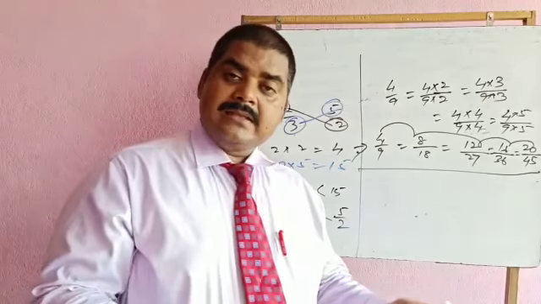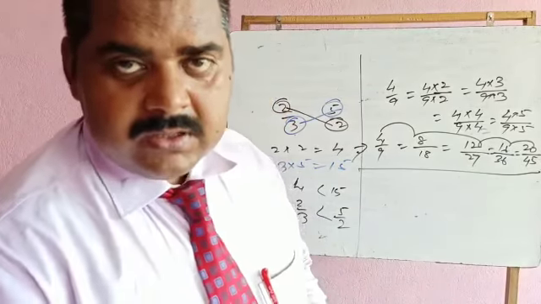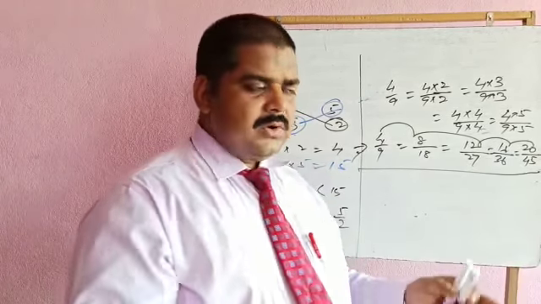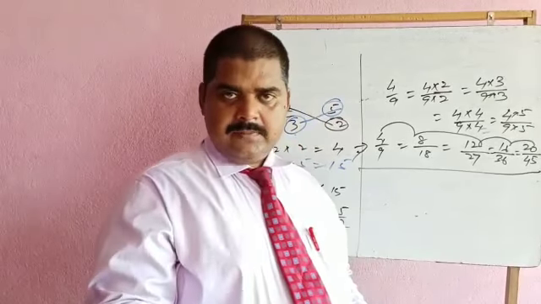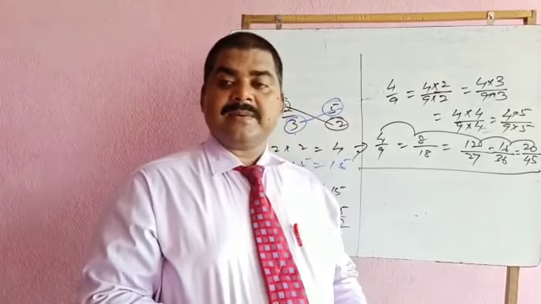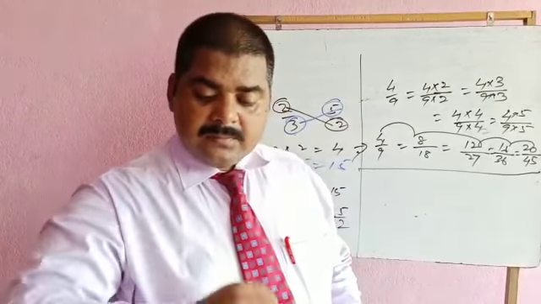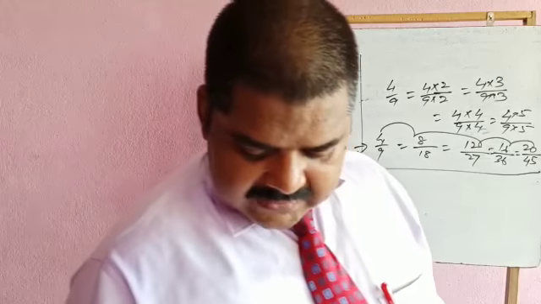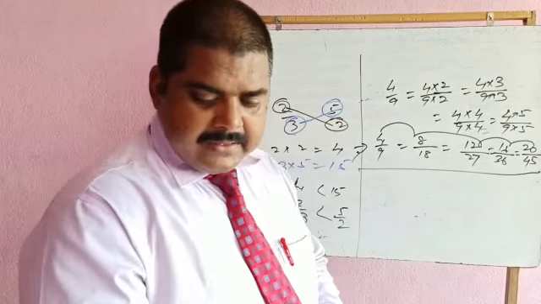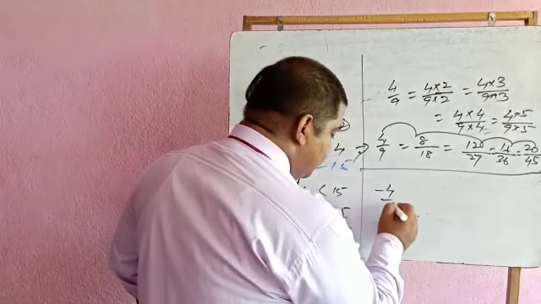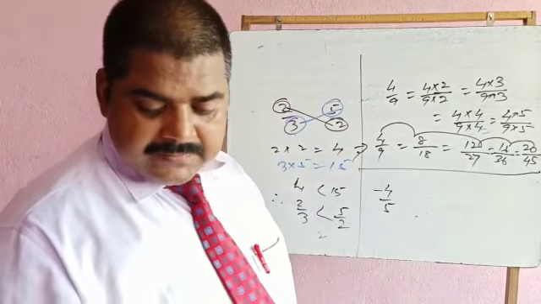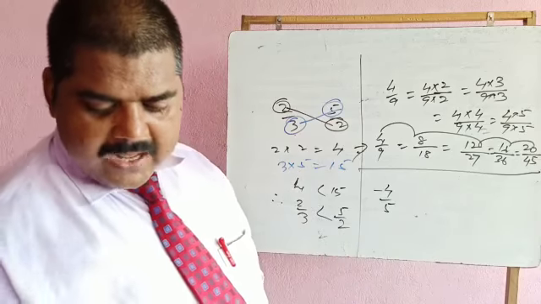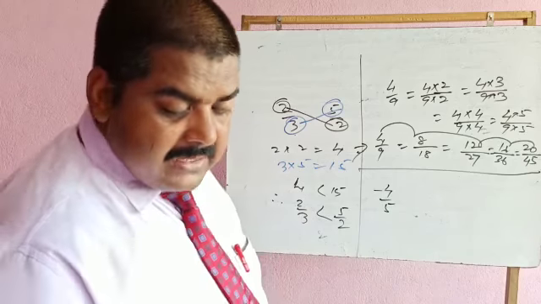So you can find this out. In some questions 4 equivalent numbers are given, in some 5 equivalent rational numbers. You can multiply or divide, because sometimes you have to convert its numerator. One question I have taken from your book: change the rational number minus 4 upon 5 to one whose numerator is minus 8.